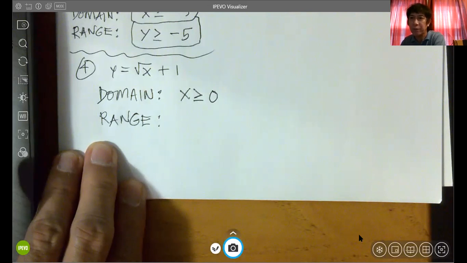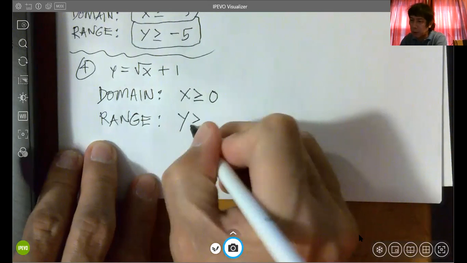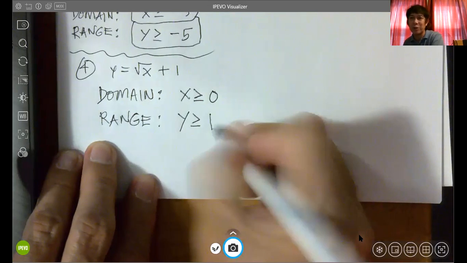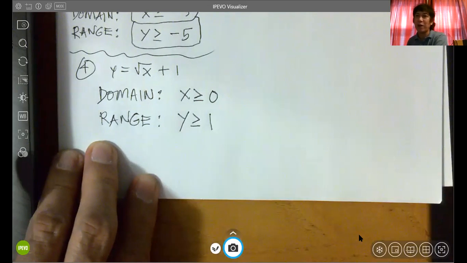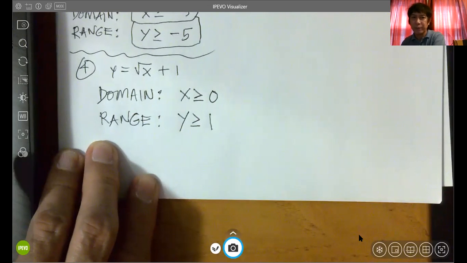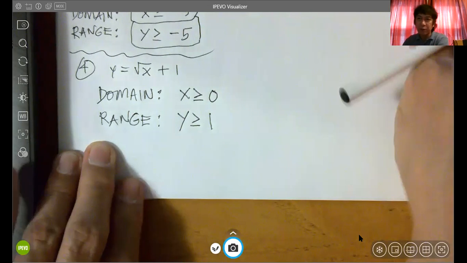So the starting value for the range is 1. The y variable is higher than or equal to the starting value 1. That's the restriction. So y will be 1 when x is 0, and then it goes higher as you change x. This will be our answer for number 4.